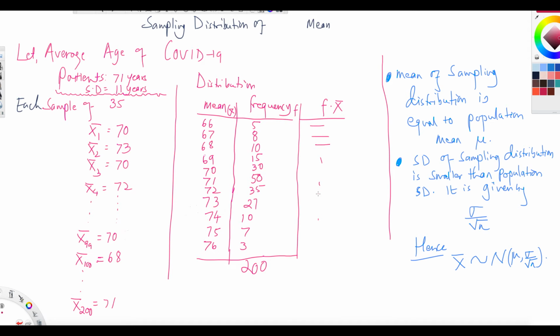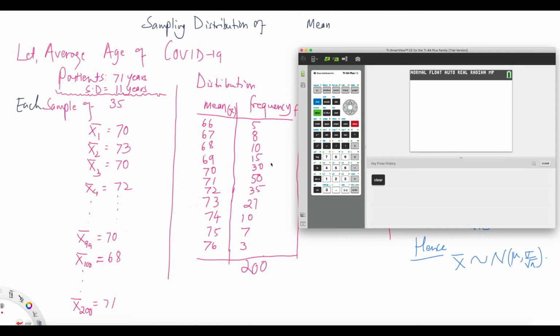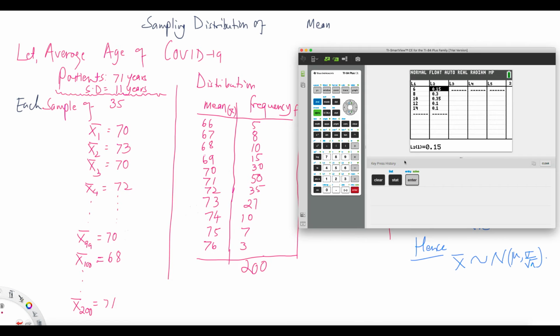I want to use the calculator to find the mean of these data points. To do that, go to stat and then hit edit, hit enter. There is already data, so I want to clear it. Let me clear that, hit enter, and clear L2 as well.